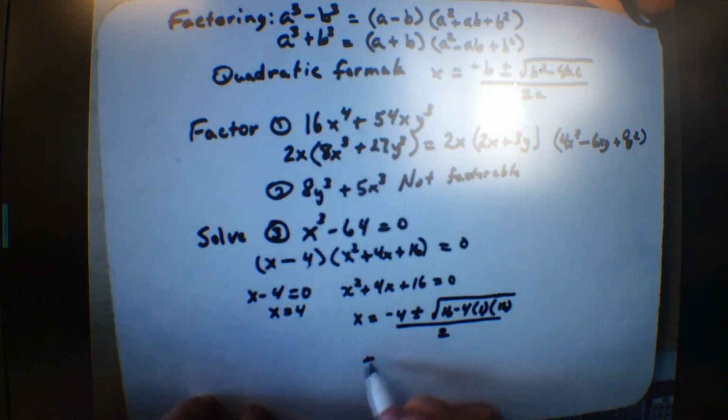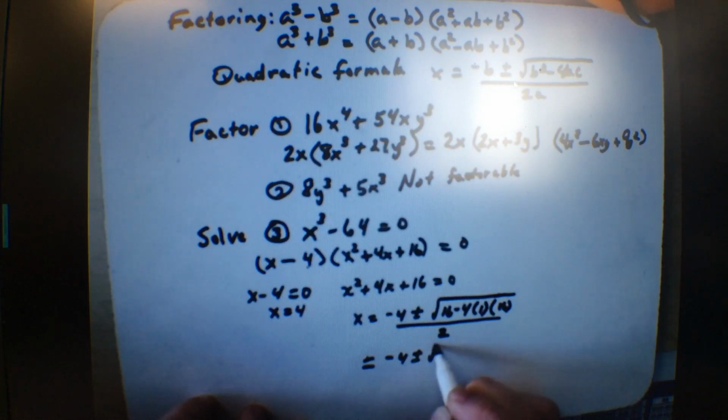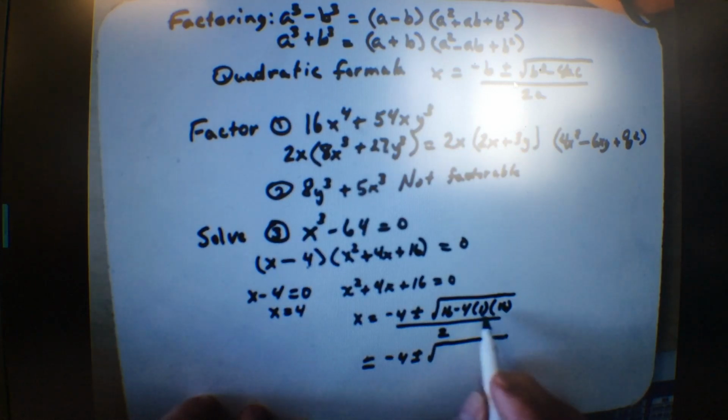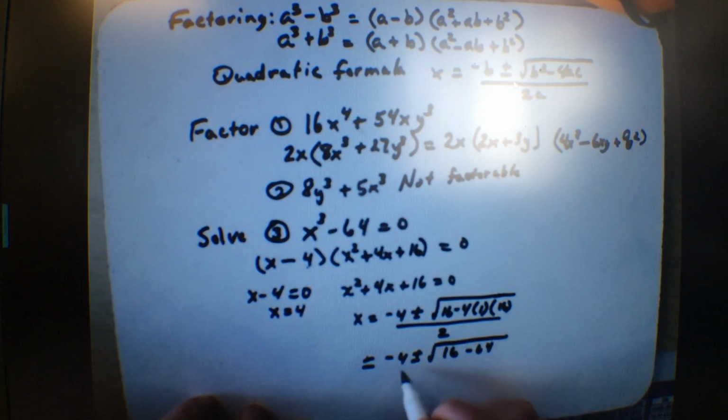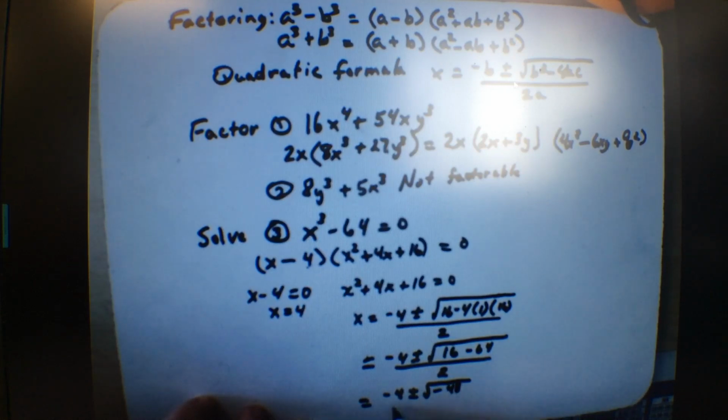You with me? Yep. Alright, so I have a negative 4 plus or minus the square root of 16 minus 64, all over 2. What is 16 minus 64? Negative 48. Negative 48 over 2.